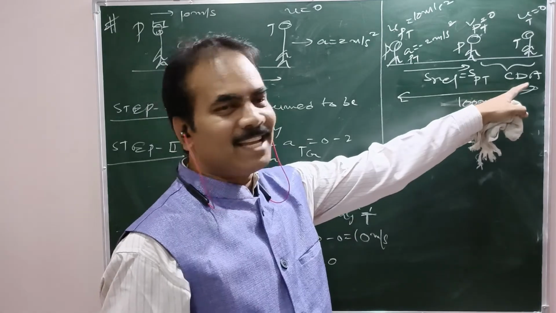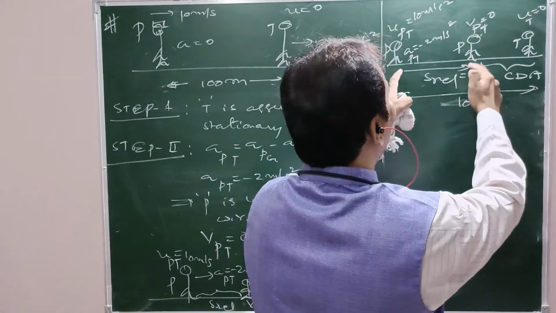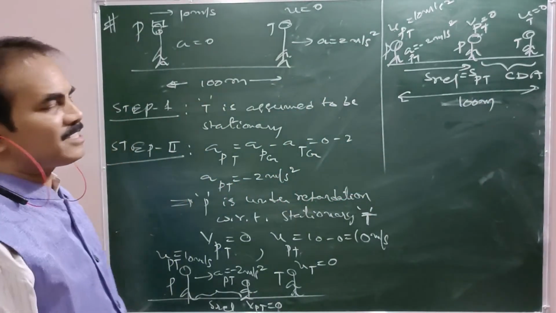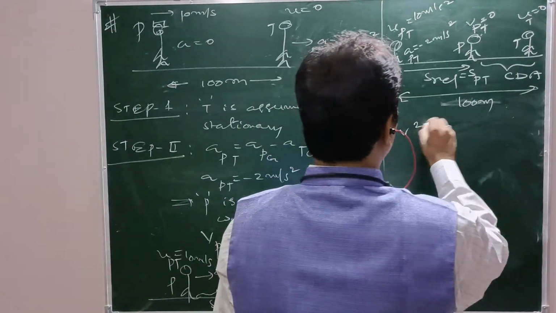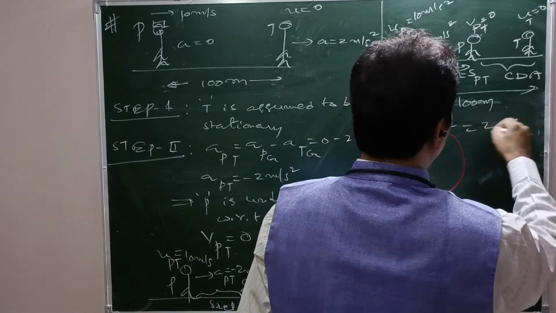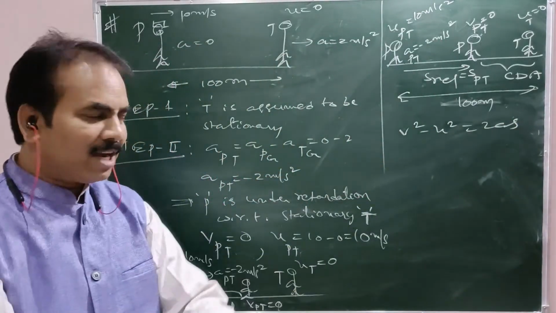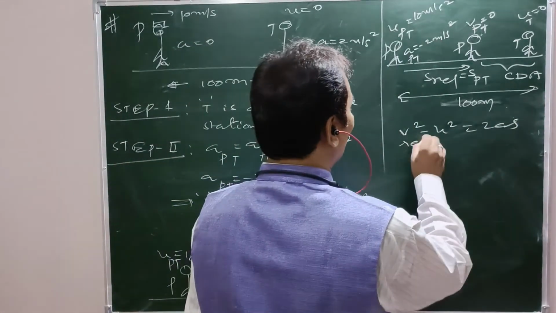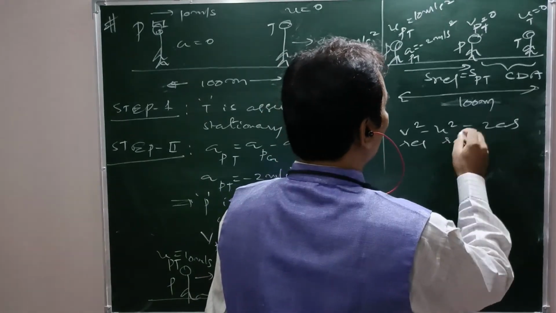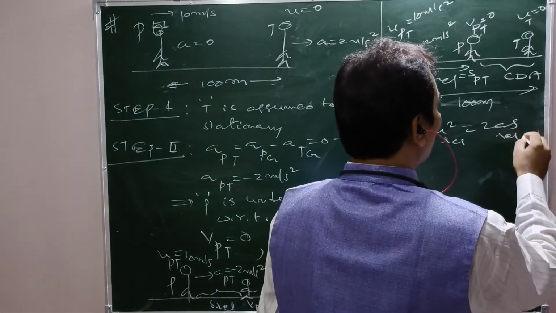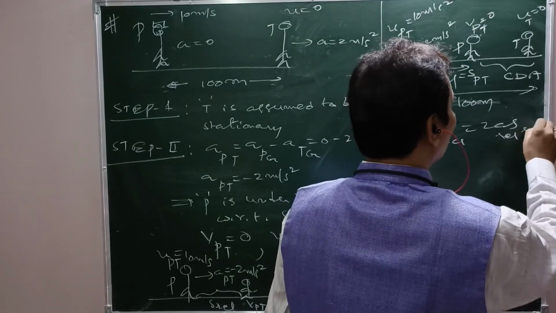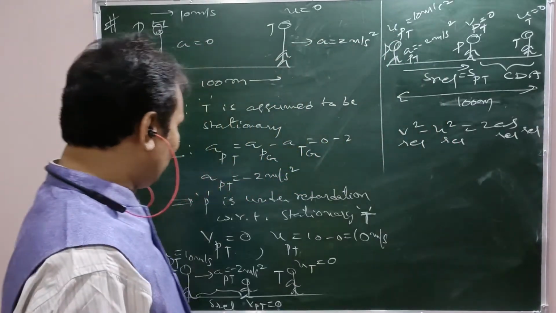How to get that? CDA means 100 minus S relative. Before that, how to get S relative? We know that V squared minus U squared equals 2AX, am I right? In terms of relative velocity, that is V relative whole squared minus U relative whole squared equals 2 into A relative into S relative. Now what is V relative?